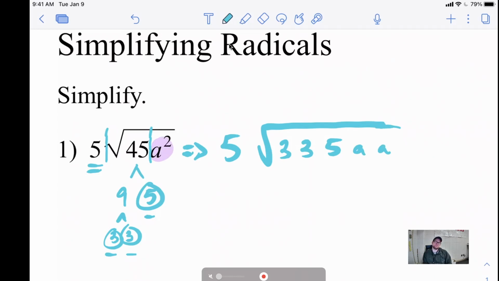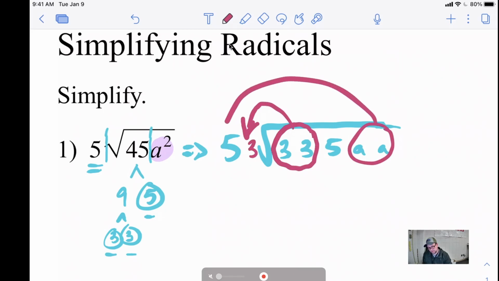Now, after we get done with that, our goal is to do our 2-for-1 special. Our first 2-for-1 special, we had two 3's, so we're going to be able to pull that out and get a 3 on the outside. We also had two A's, so I'm going to be able to pull that out and get a single A on the outside, right? Every time I have 2, I get 1 on the outside.